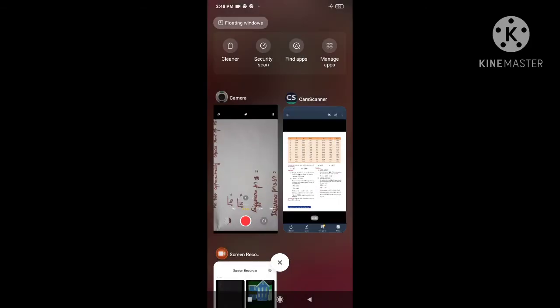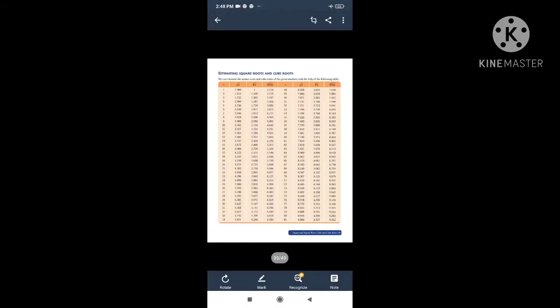Now we go and check the table and note down the values. So what is the value of root 15? In x, root x we need to compare, and before that we go with x. Where is 15? For 15, root x we take 3.873, and 16 is nothing but 4, root 16, you know that is 4.